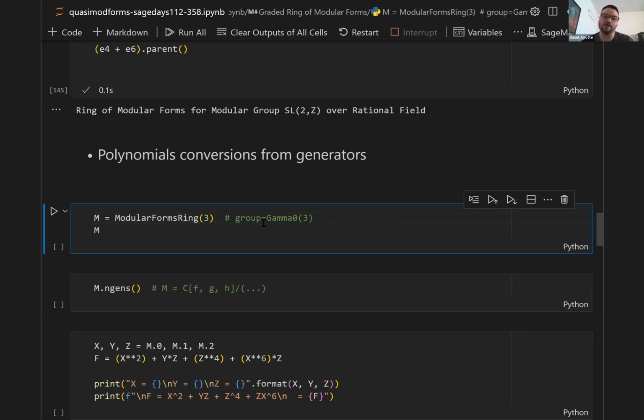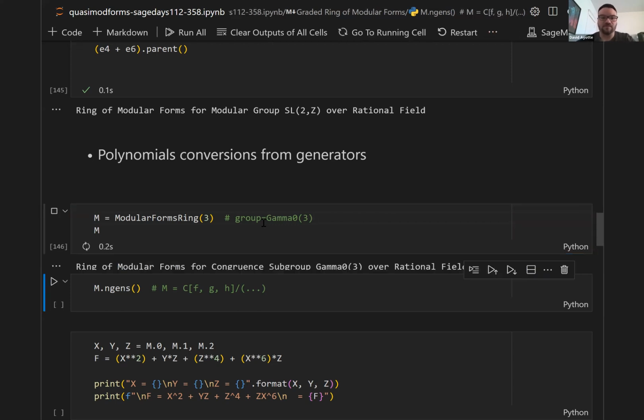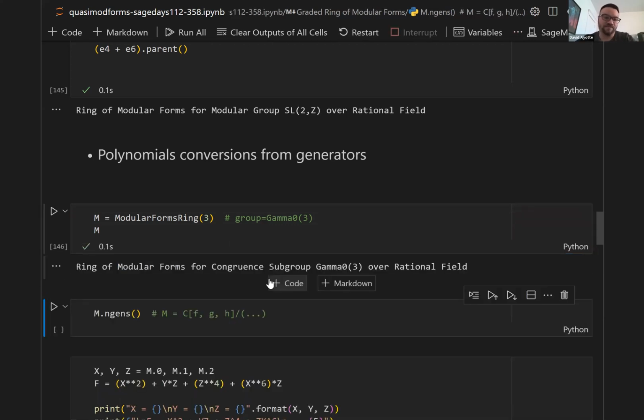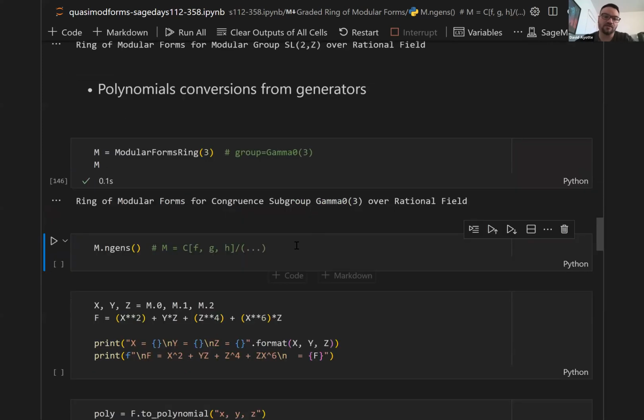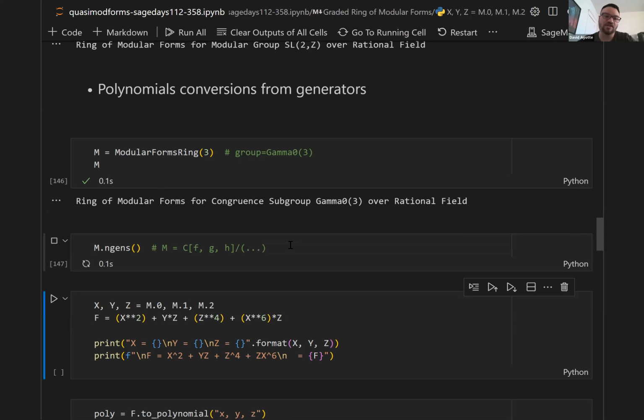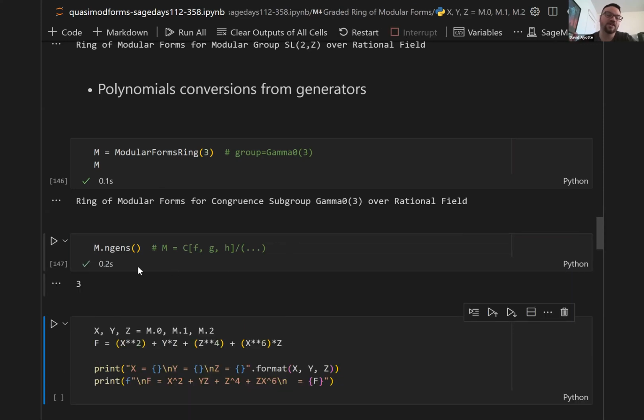So in general, we will have a bigger space because we consider a less restrictive subgroup. For example, let's consider the ring of modular forms for gamma 0 3. Here, instead of 2 generators, we will have 3 generators.